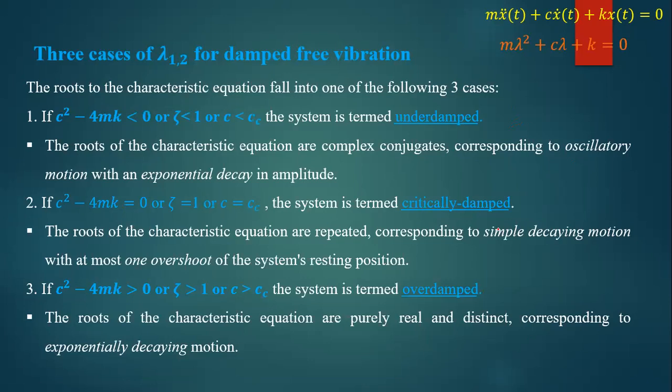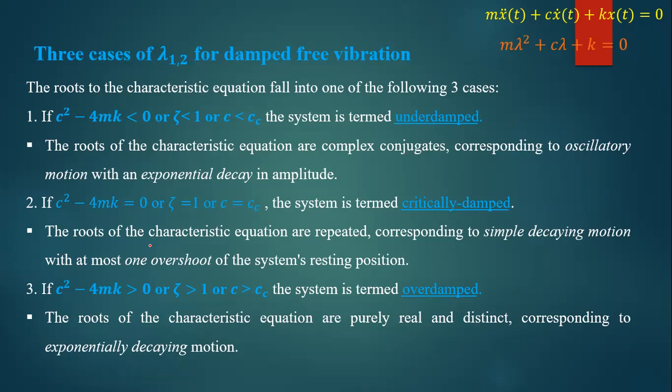Another one is the critically damped case, that is zeta equal to 1. During this time, the roots of the characteristic equation are repeated. Root lambda 1 is equal to lambda 2. That implies repeated roots, which corresponds to simple decaying motion with at most one overshoot of the system's resting position. In this case, it cannot make a number of cycles.